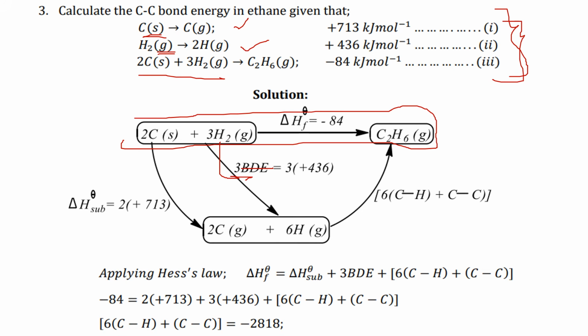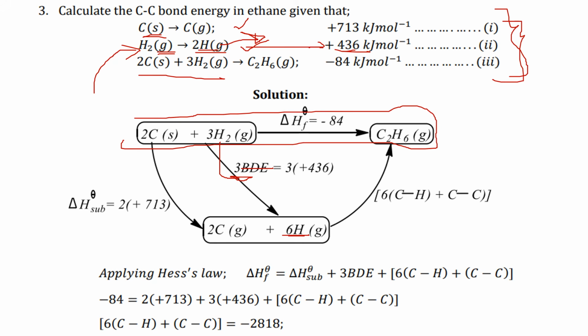Because if you look in this equation here, they have told you that this energy, the positive 436 kilojoules per mole, was formed for 2 moles of gaseous atoms of hydrogen. So if 2 moles of gaseous atoms of hydrogen contain this energy, then what about 6?